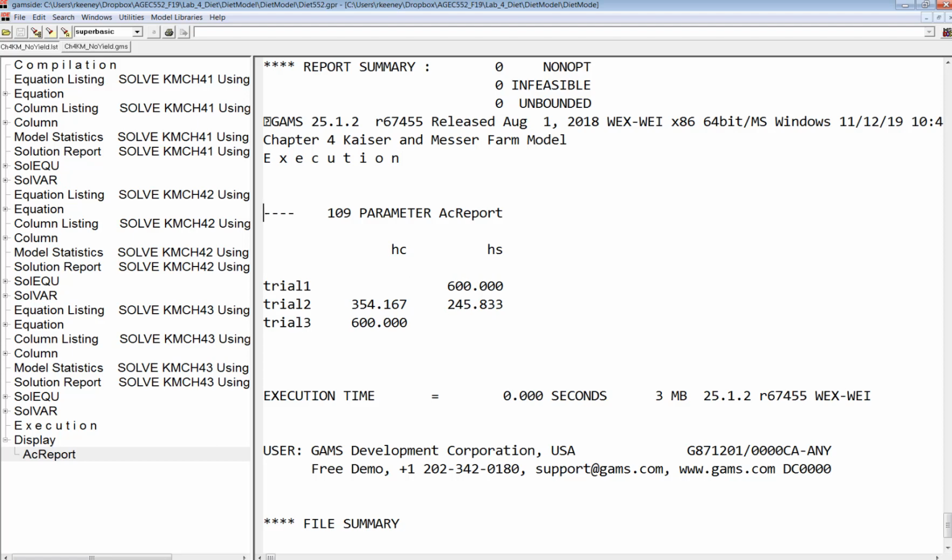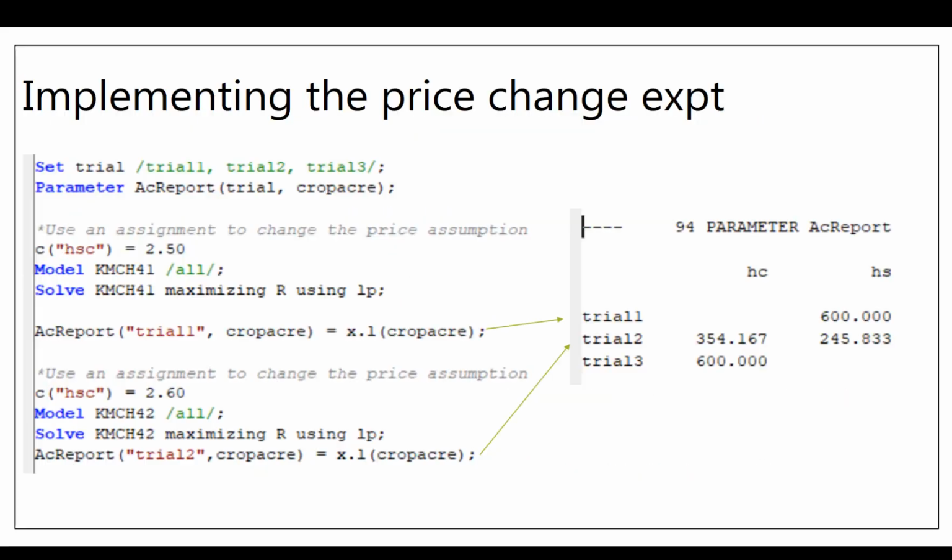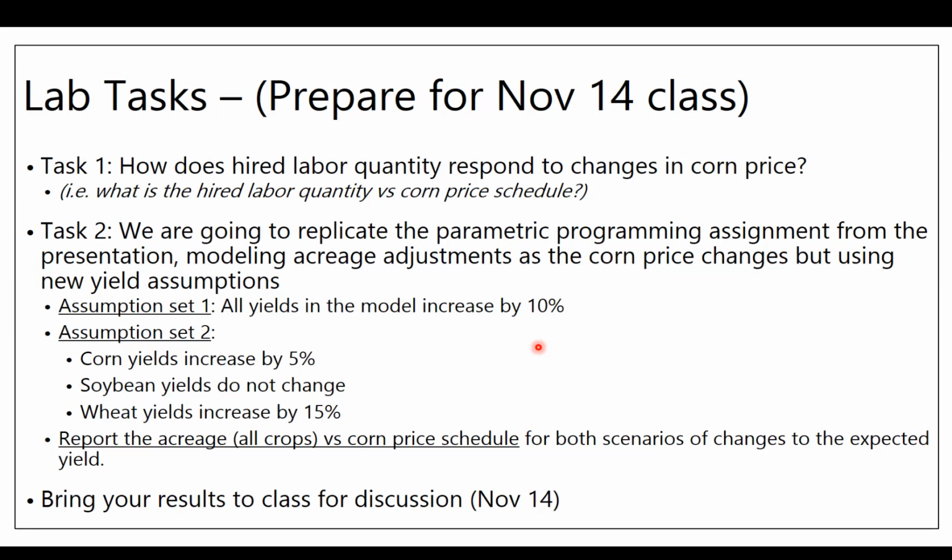Okay, so let's go back to our PowerPoint one last time. Let's see what's at the end here. It's your lab task. So for November 14th, what I'd like you to do. First task: how does the hired labor quantity respond to changes in the corn price? Okay, so you just ran the basis solution for all three bases that exist in this model as we've seen them.